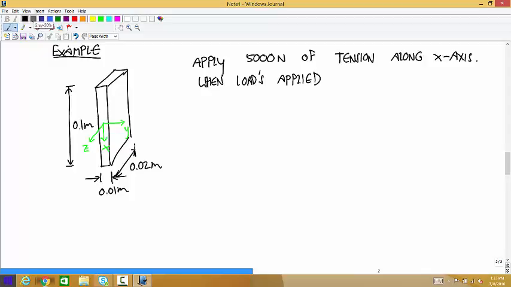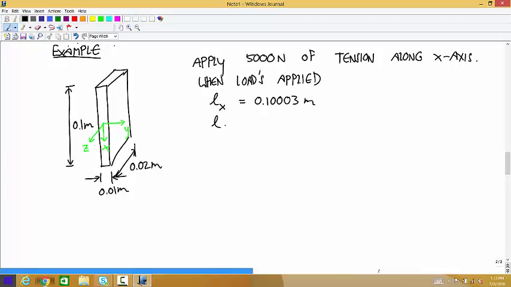So the length along the x-axis is 0.10003 meters.